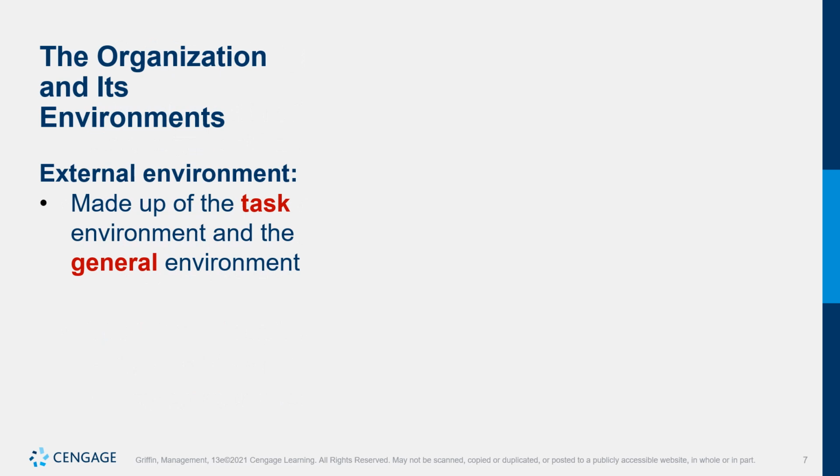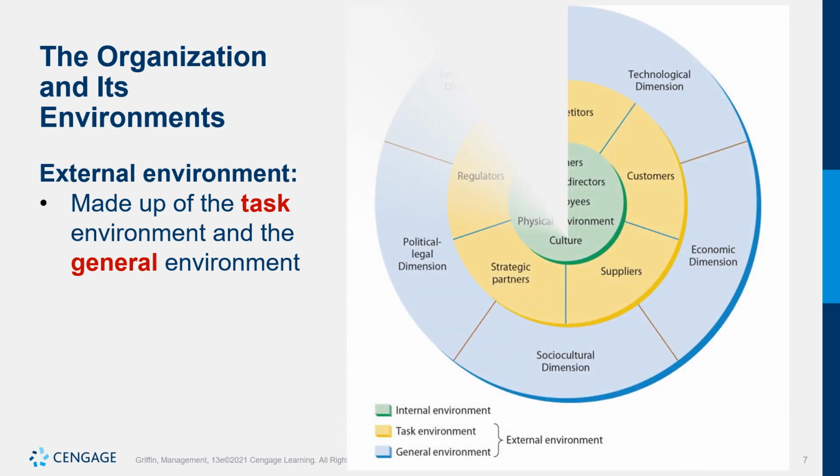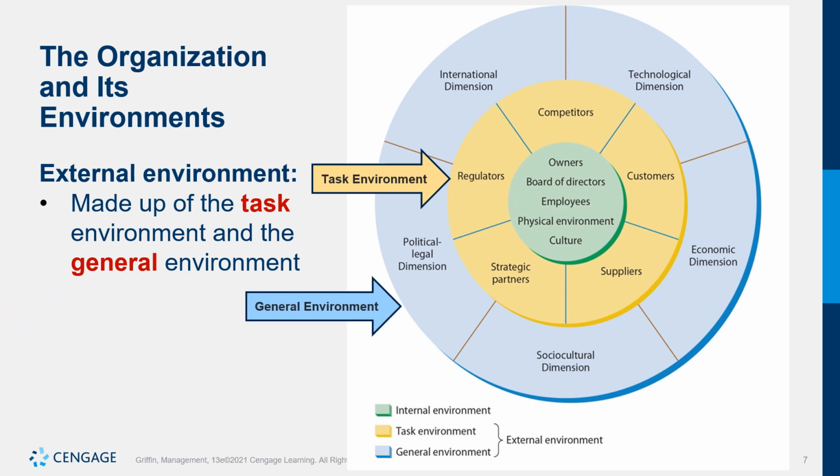The organization and its environments. The external environment is made up of the task environment and the general environment. The general environment is the broad dimensions and forces in the surroundings that create its overall context and not necessarily associated with other organizations.